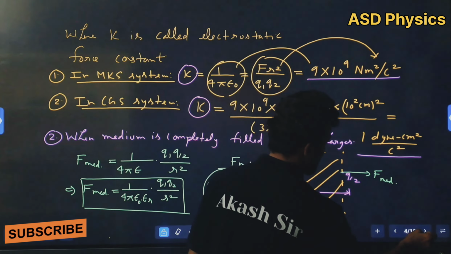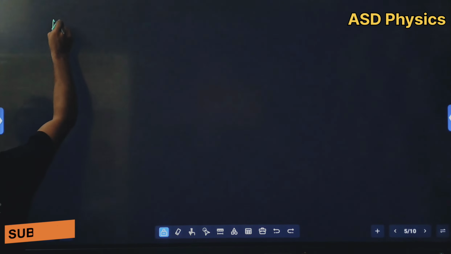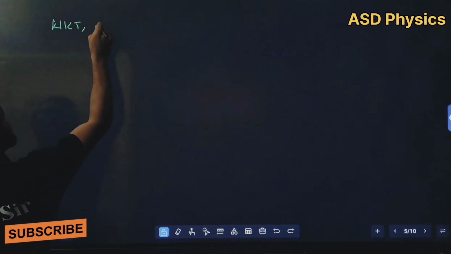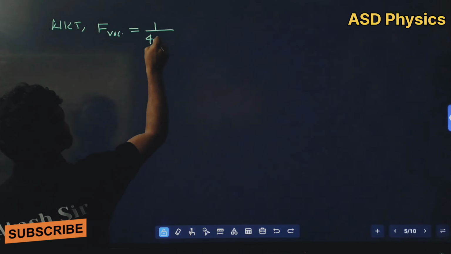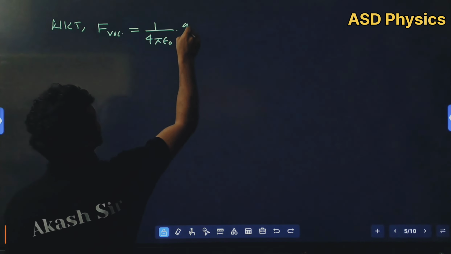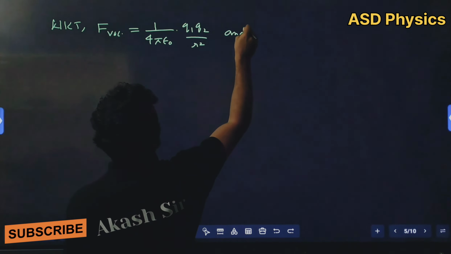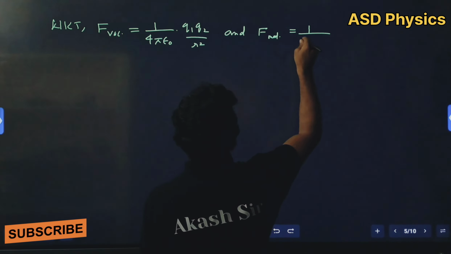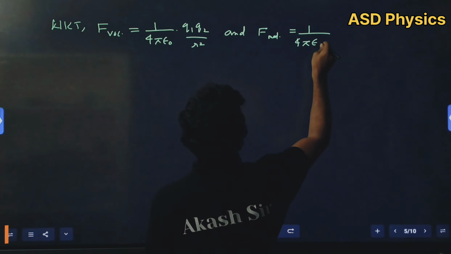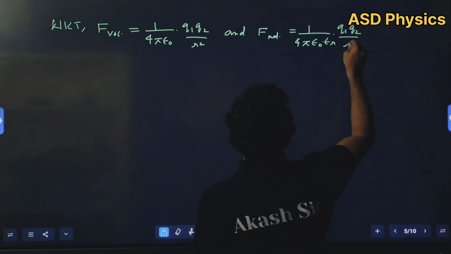Now if we go to the next one, see here please, we know that F vacuum is 1 by 4 pi epsilon naught Q1 Q2 by R square, and F medium is 1 by 4 pi epsilon naught epsilon r Q1 Q2 by R square.